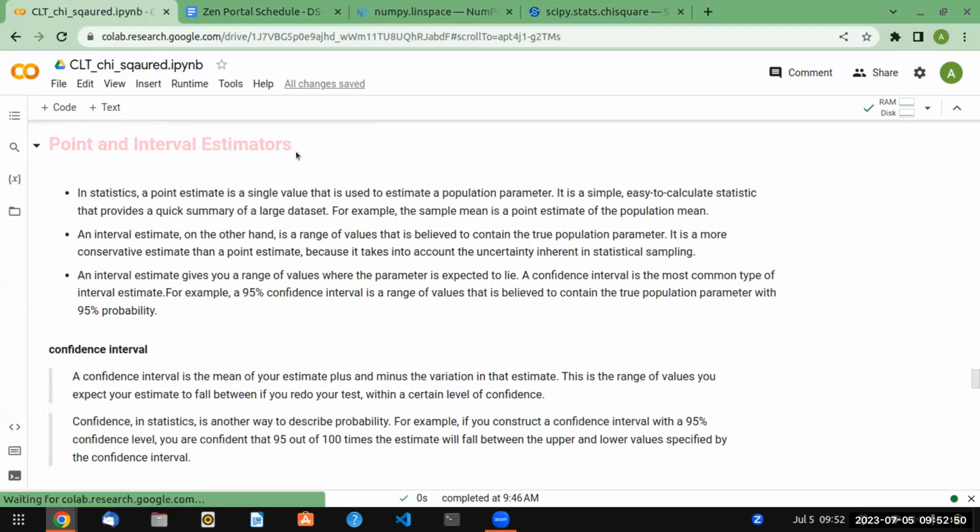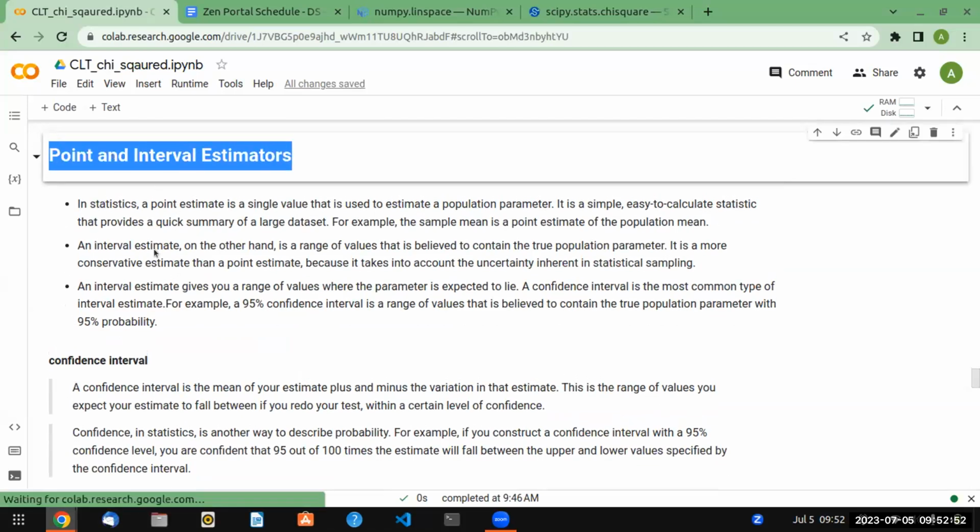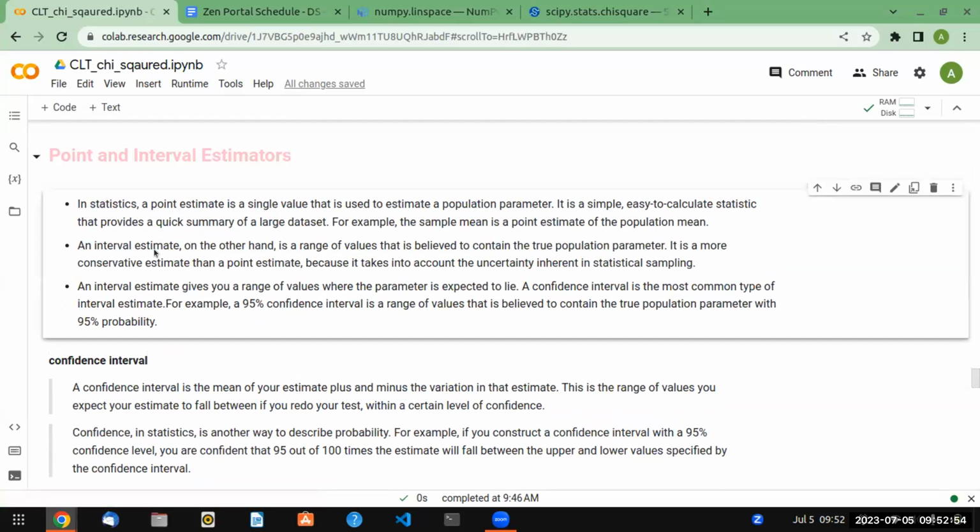So what do we mean by point estimation? What do we mean by interval estimation? In statistics, I'll try to read it out. A point estimate is a single value that is used to estimate a population parameter. Single value in the sense what? I'm calculating the mean of population data. Mean population will be around 5.3.